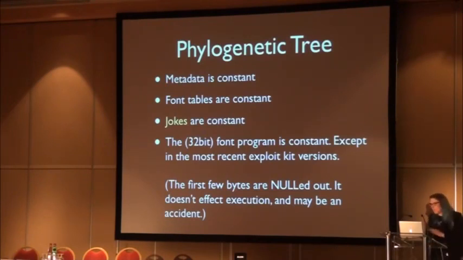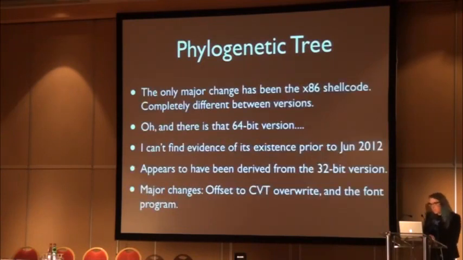Anyway, the only difference is the shellcode that was included in each of the exploits. Everybody puts their own thing in there, because, well, I'll explain how it works in a minute, but you can literally just drop your kernel shellcode in at a certain offset in the font, and it'll just magically run it.